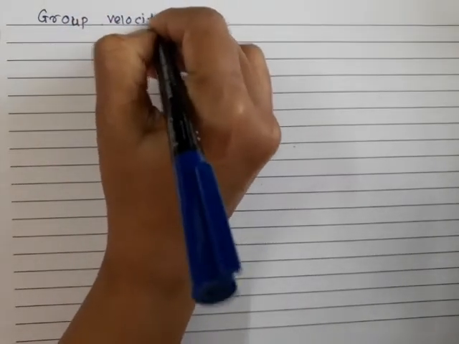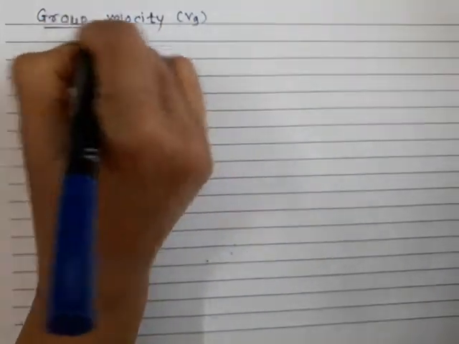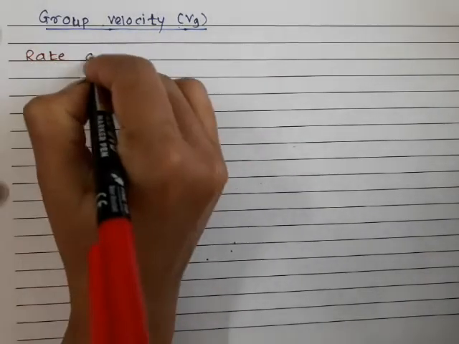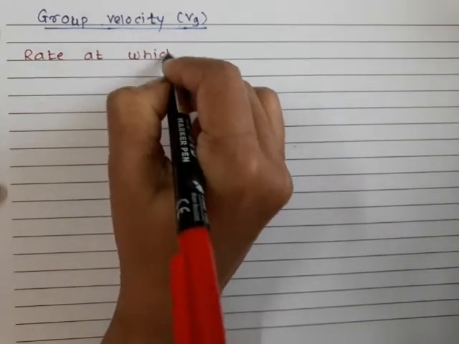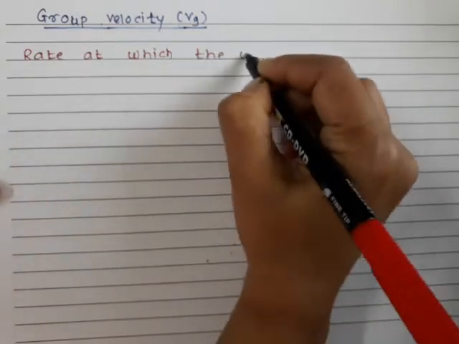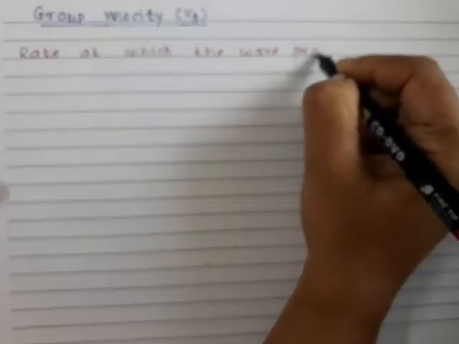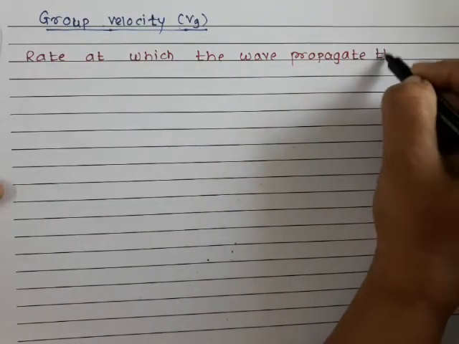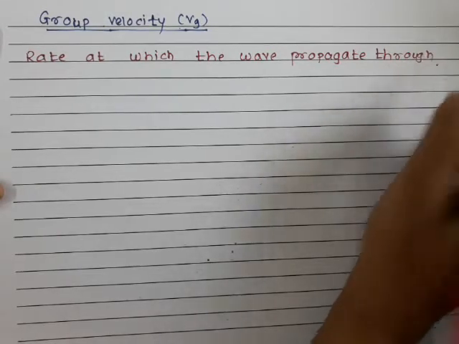The group velocity, which is denoted by Vg, is the rate at which the wave propagates through the waveguide. So how are we going to define this one?